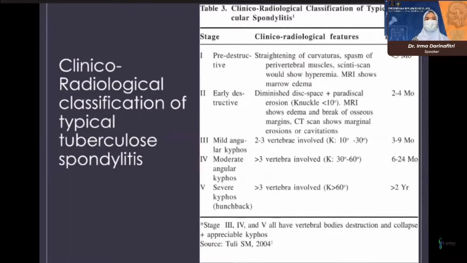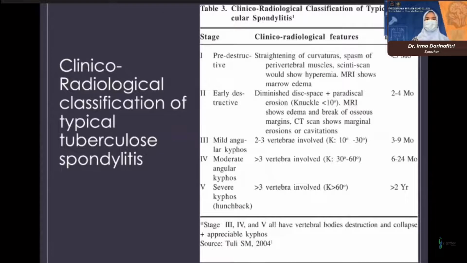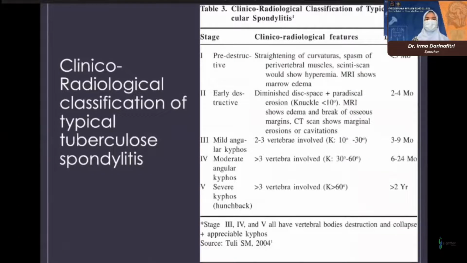CT scan would show hyperemia, and MR imaging shows marrow edema. This stage occurs in less than 3 months. Stages 3 to 5 all have vertebral body destruction and collapse with kyphotic deformity of spinal curvature. Stage 5 occurs after more than 2 years.